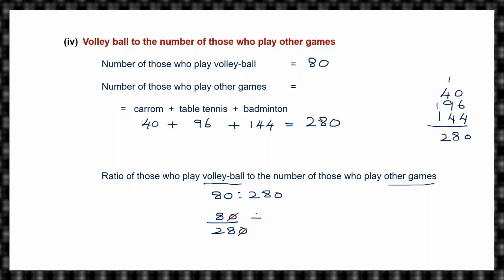I can divide both by 4. The common factor is 4 here. So 4 2s are 8 and 4 7s are 28. So this is my fraction and my ratio will be 2 is to 7. So this is my ratio of those who play volleyball to those who play other games.